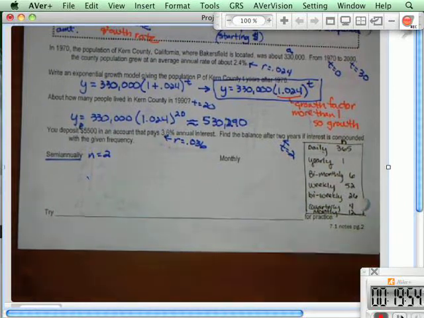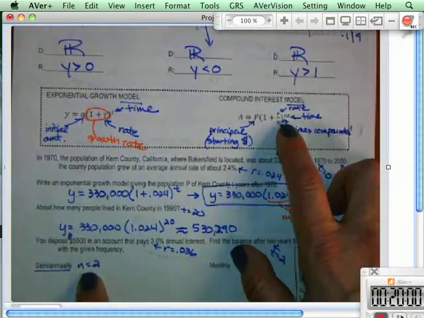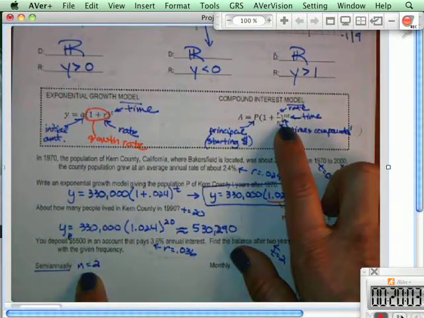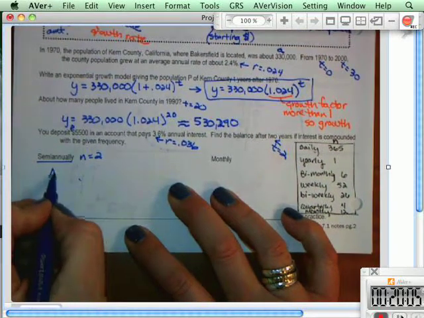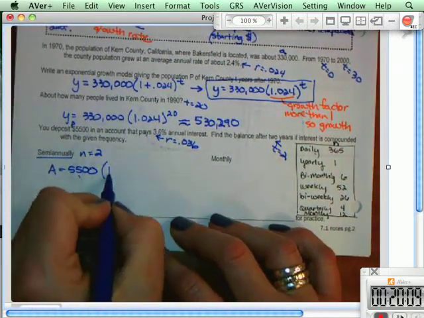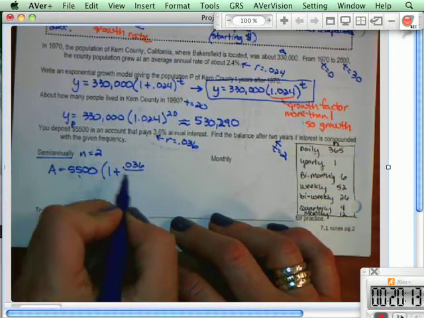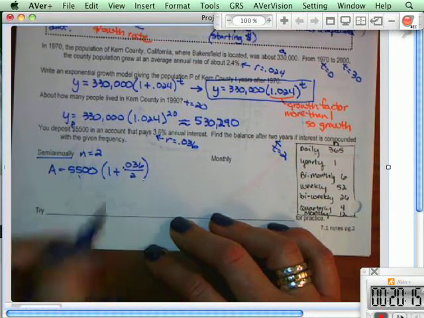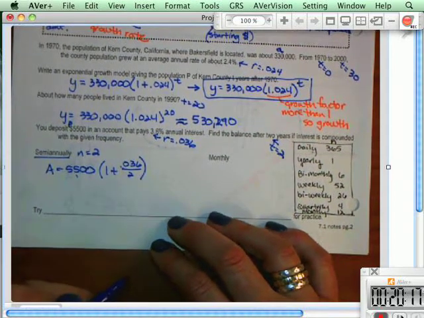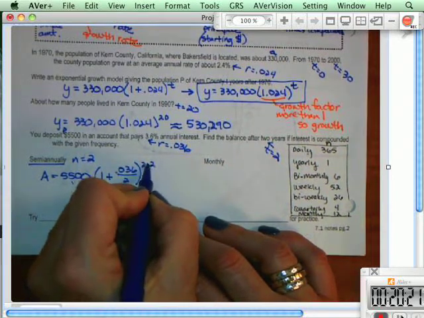So I have enough information to do this. I'm going to plug in my P, my R, my T, and my N to this equation. Okay? So A equals 5,500 times 1 plus my R, which is 0.036, divided by my N, which is 2, raised to the N times T, 2 times 2.